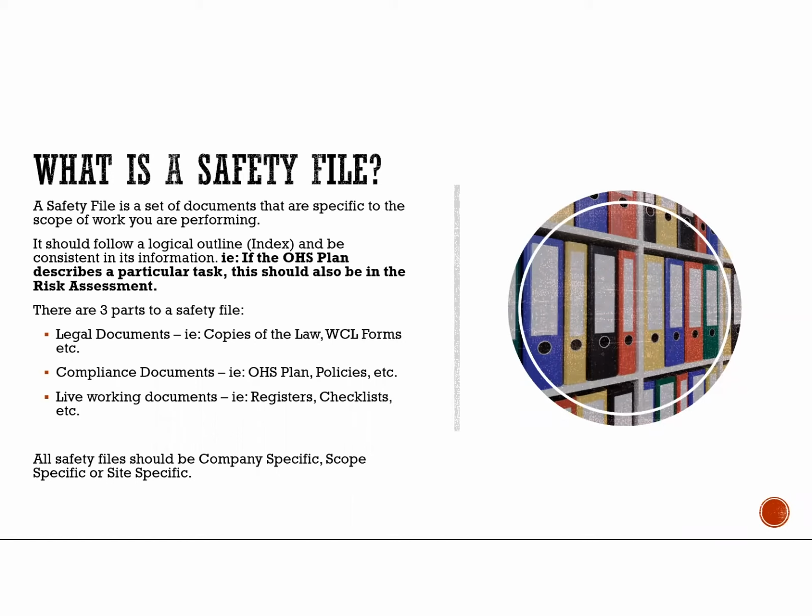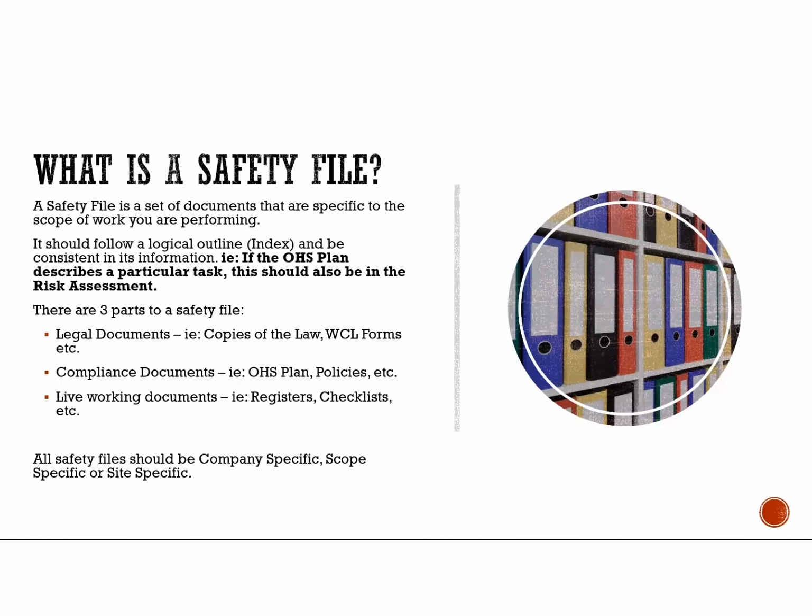Well, the live working documents, your register, your checklist, your DSTI, plan task observation, all of these are types of live working documents that prove what you are saying in your compliance documents is actually being done in the site for that specific scope of work. So all safety files must be company specific for your own company, scope specific, or perhaps even site specific.